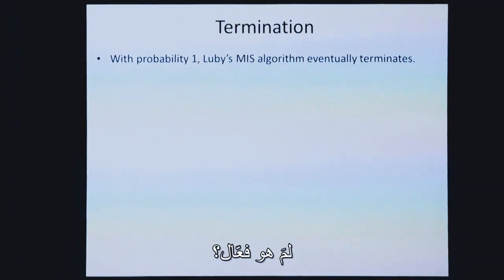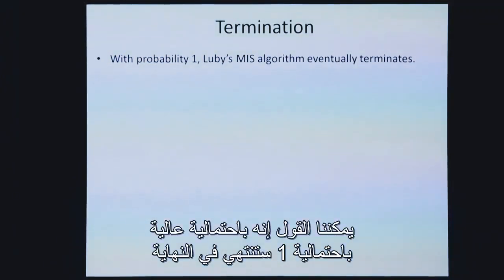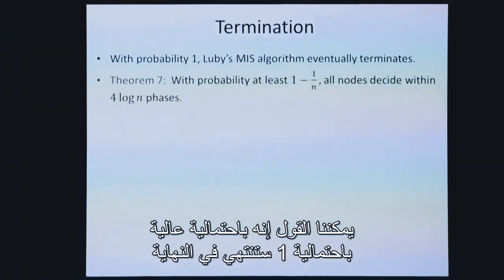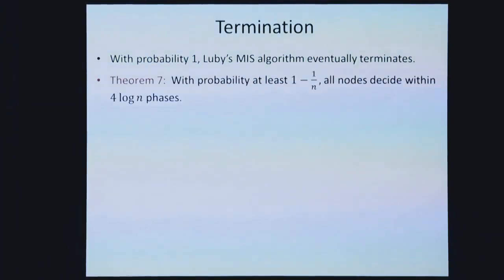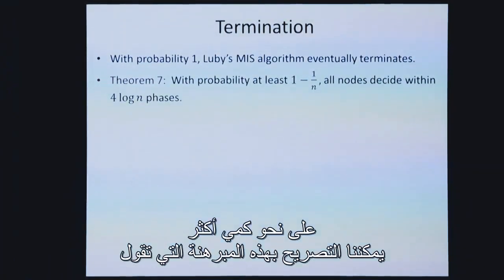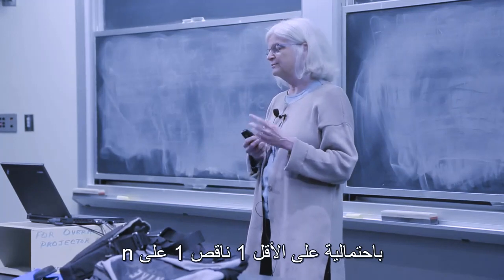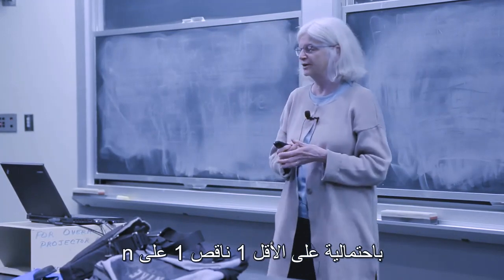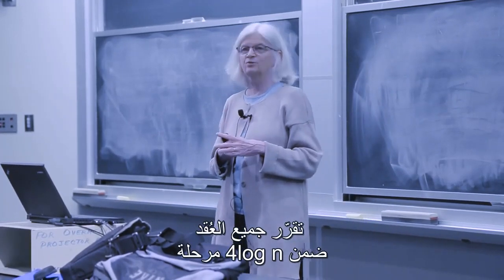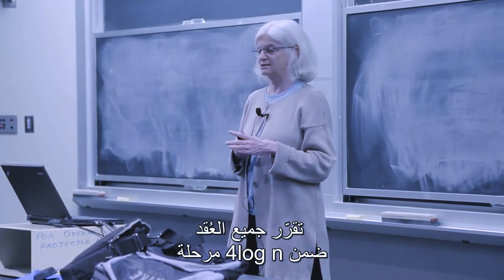Why is it efficient? Well, we can say that with high probability 1, it will eventually terminate. More quantitatively, we can state this theorem that says with probability at least 1 minus 1 over n, all the nodes decide within 4 log n phases.